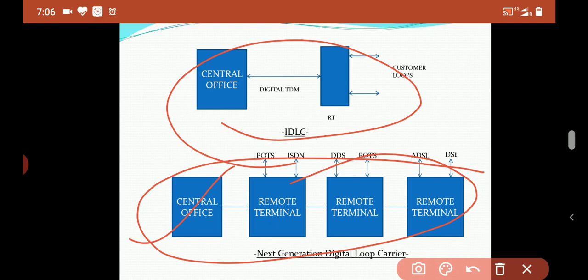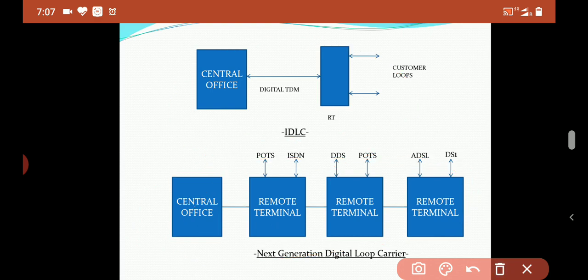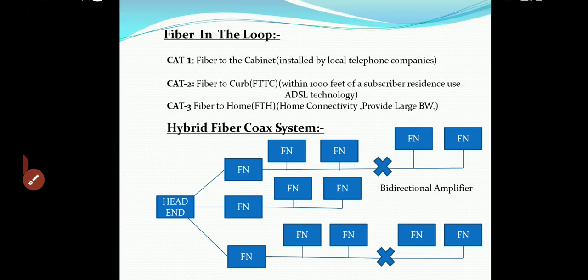Another thing is other digital interfaces may also be provided for broadband data and digital video services. So these are some of the important conclusions of this generation, which is very important if you are talking about advancement in DLC technology. So let's proceed further.